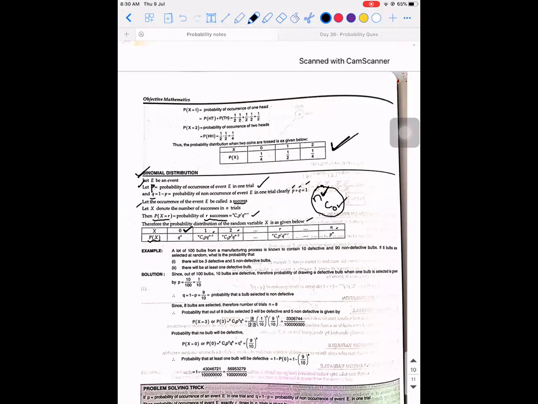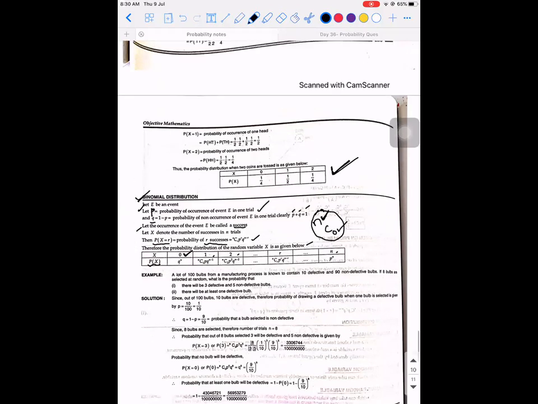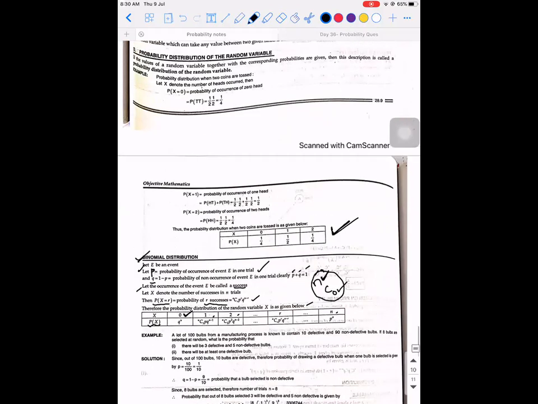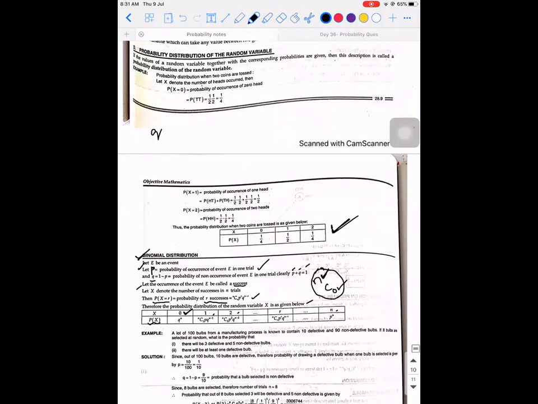If it is 0 successes, then in the first trial my probability is q, in the second trial my probability is q, in the third trial my probability is q, because q is the probability of failure. Like this, q will go how many times? n times. So q multiplied with itself n times is q power n.